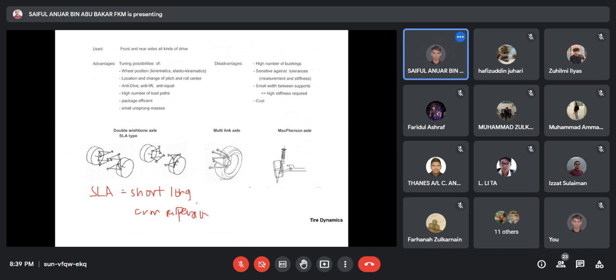Okay, and then we have the short, long arm suspension system. So usually for this one, double wishbone is also famous in continental cars like Mercedes, BMW, and also US cars. Okay, and then in our country, the most common suspension is the McPherson axle, and for the multi-link, most Japanese cars have been using the multi-link suspension.